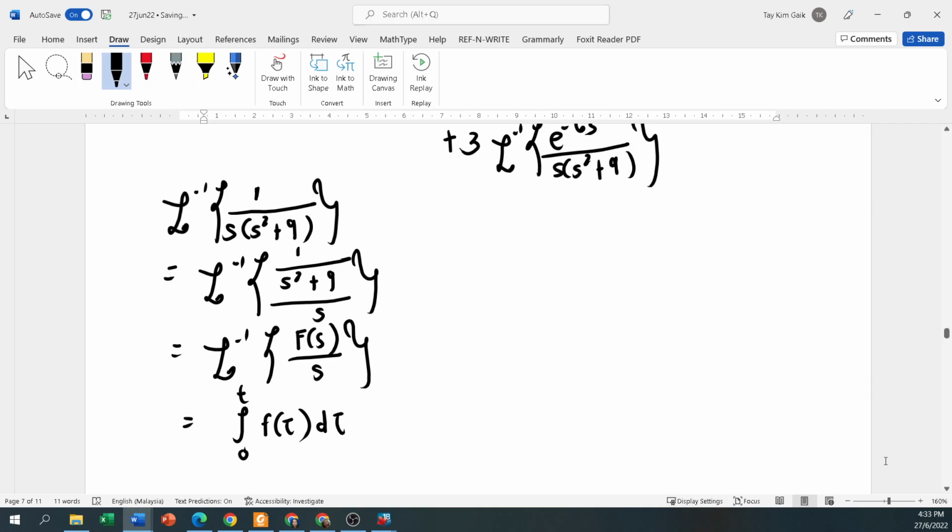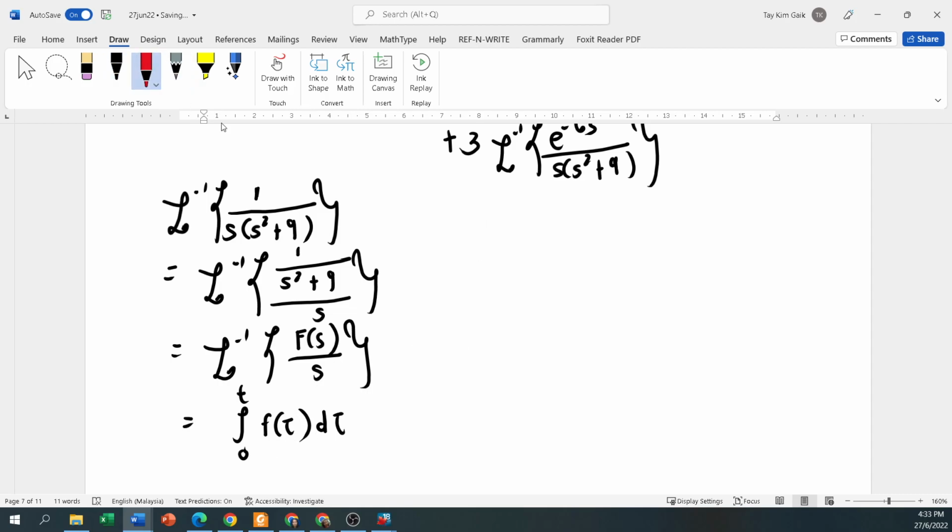Just like the voltage across the capacitor, 1 over C integral of i(tau) d tau from 0 to t gives I(s) over s. Now reversed, the inverse Laplace of F(s) over s gives the integral of f(tau) d tau from 0 to t. You can change tau to u also.